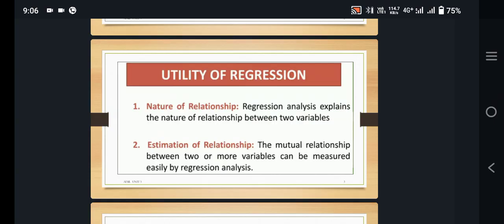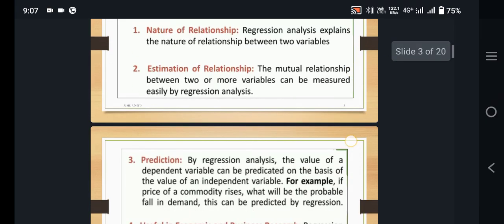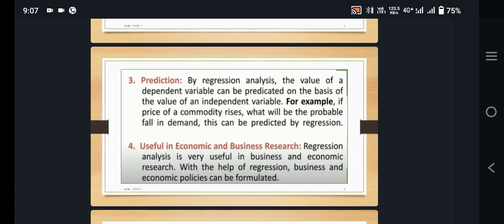Utility of regression. The first one is nature of relationship. The regression analysis explains the nature of relationship between two variables. Second utility is estimation of relationship. The mutual relationship between two or more variables can be measured by means of regression analysis. The third utility is prediction.